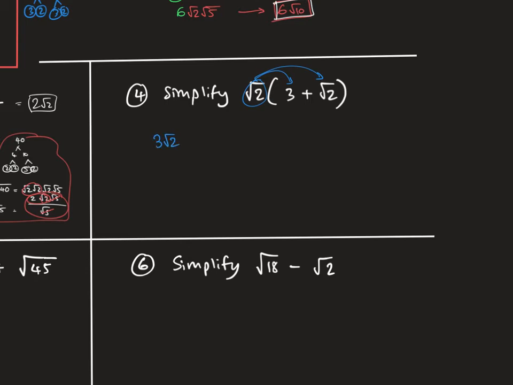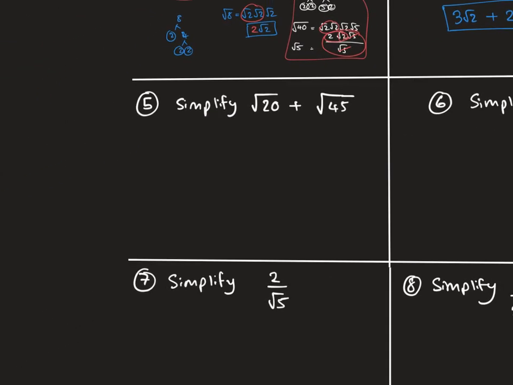Now, in general, we write the number that doesn't have the root in front of the root. It just makes things a little bit easier. So root 2 times 3 is 3 root 2. And then root 2 times root 2 here, hopefully you'll recognize when any root is times by itself, it'll cancel out. So we end up with 3 root 2 plus 2 as our final answer there.